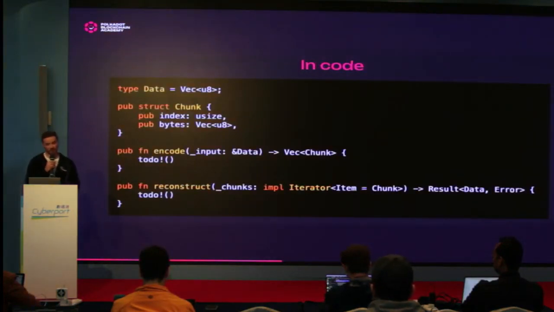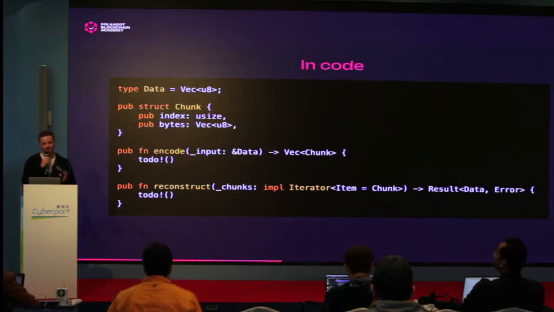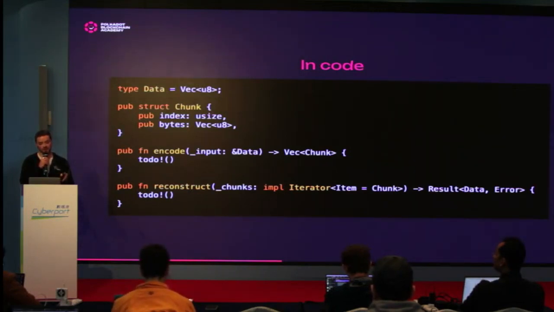So in code, what that would look like is you have this data. For the purposes of erasure coding, we don't have to know that that data is a proof of validity, that it contains a sparse state tree and a bunch of transactions. We don't need to know that. All we need to know is that it's a vector of bytes, and then we want to turn that data into a bunch of chunks.